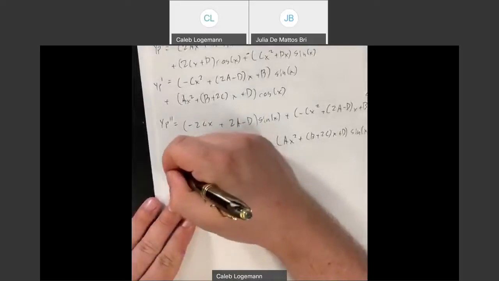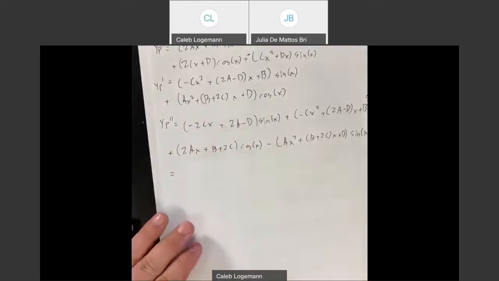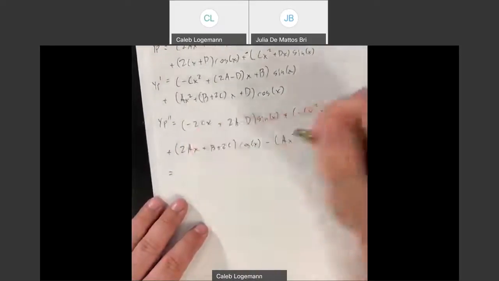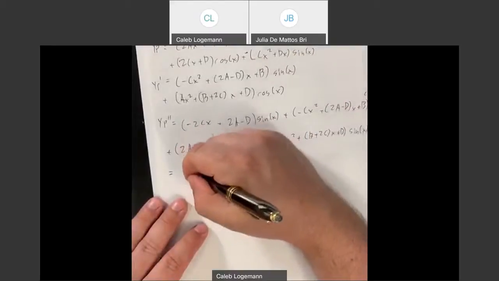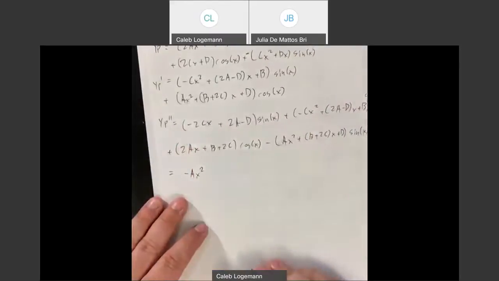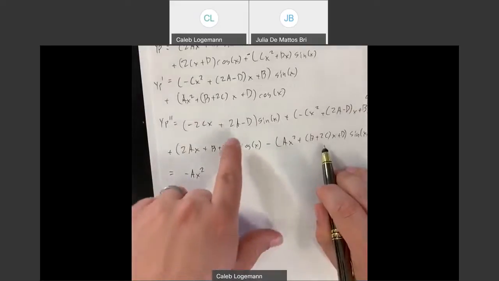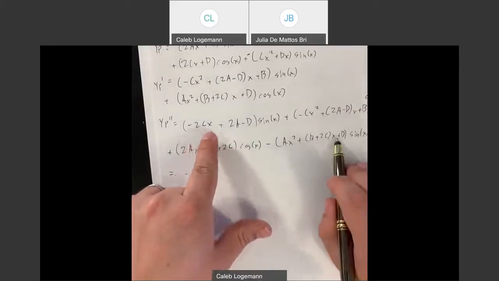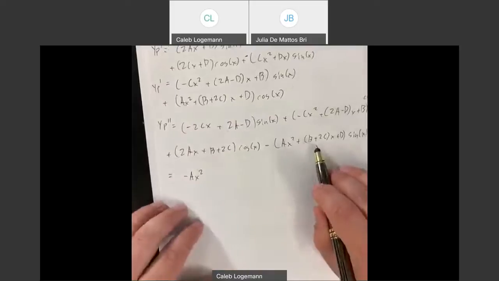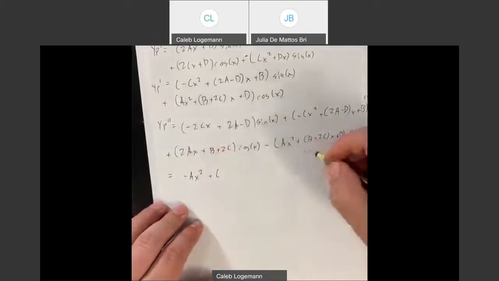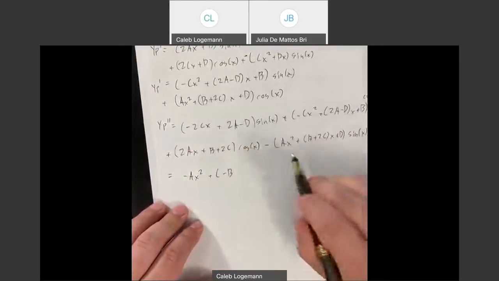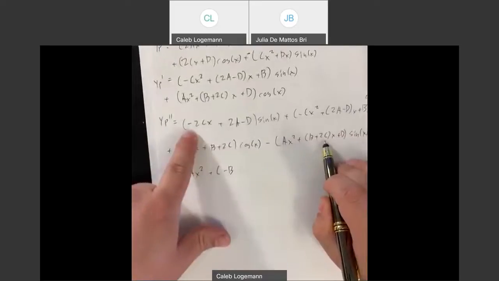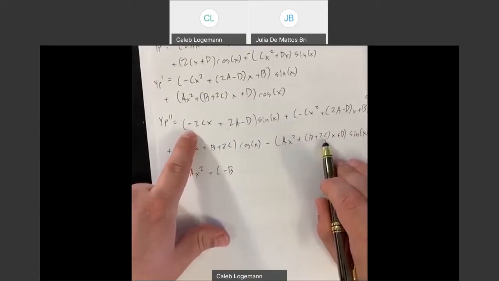All right, and again, let's combine those sines and cosines. So we have minus ax squared. The x terms, we have minus b. We have minus 2c, another minus 2c.